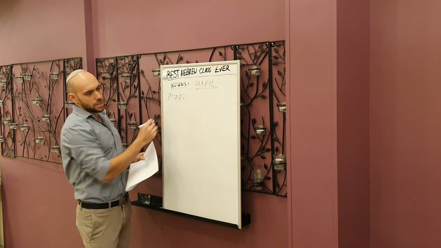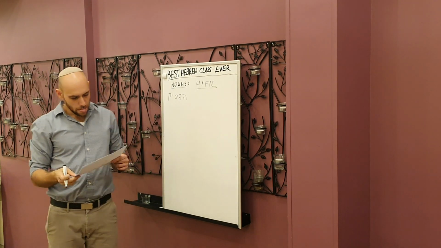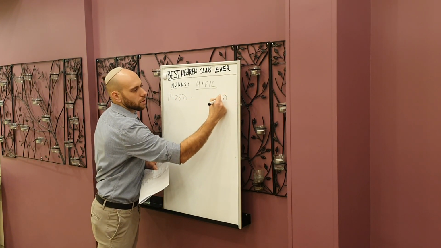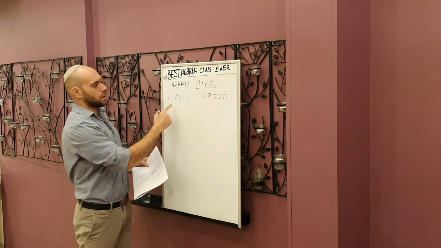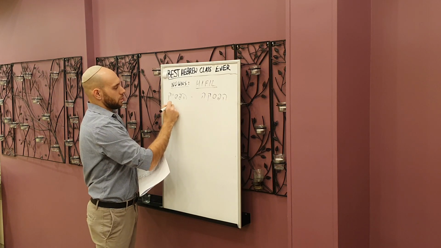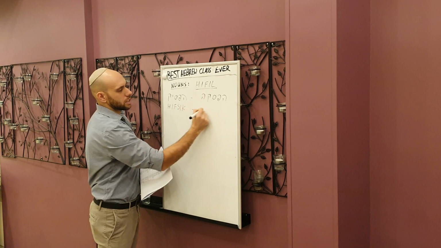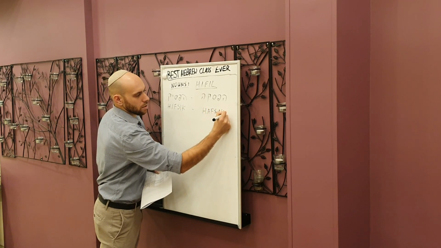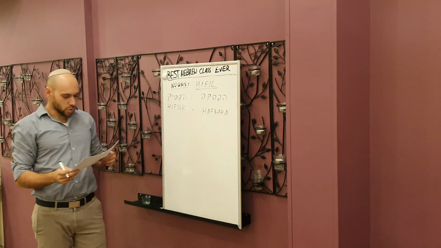It means he stopped, like stop doing something. So the noun of that would be hafsaka. So here I'll write it in the transliteration. Yifsik, hafsaka. Okay, next one, hisbir.